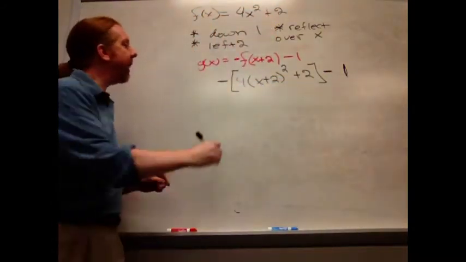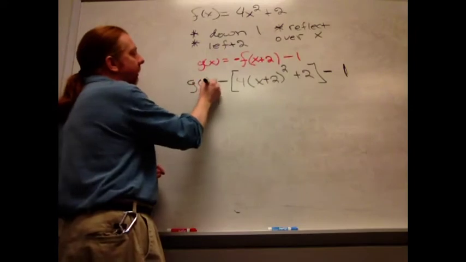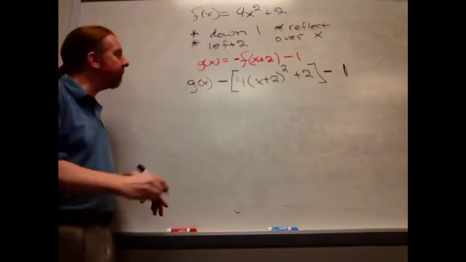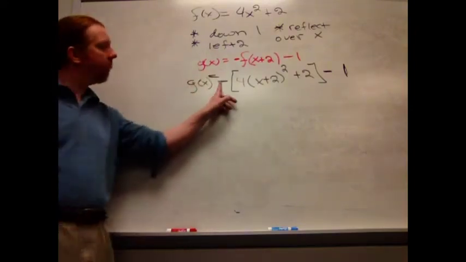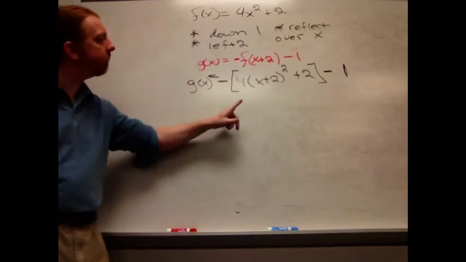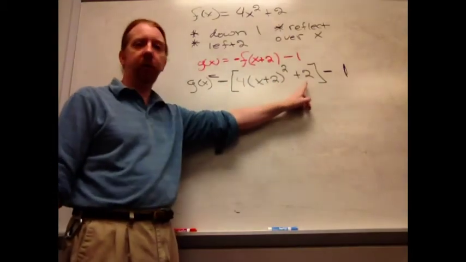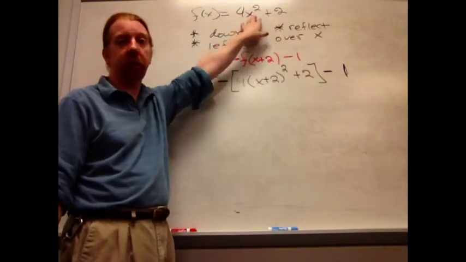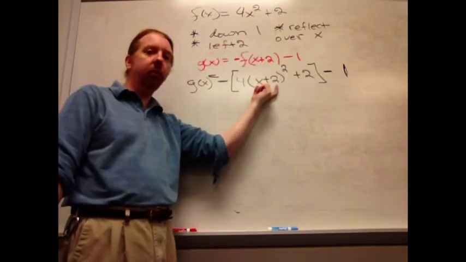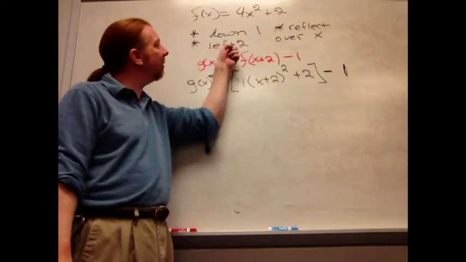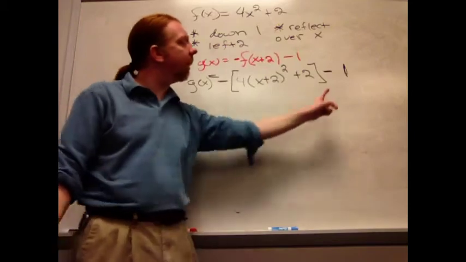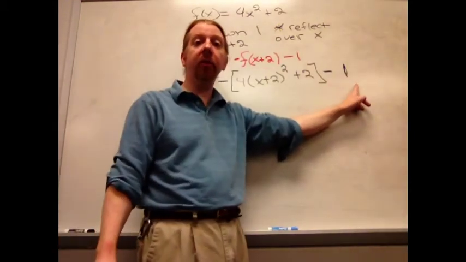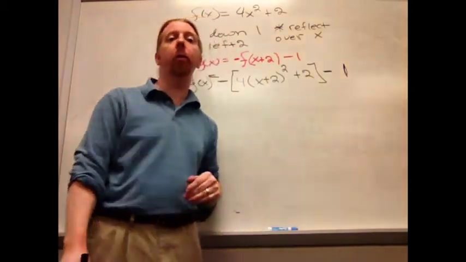When I look at what I have here as my new function g of x, the minus is my reflection, 4 times x plus 2 squared plus 2 is the original function with x plus 2 in here representing that translation left 2 units, and this minus 1 now represents moving the whole thing down 1 unit.